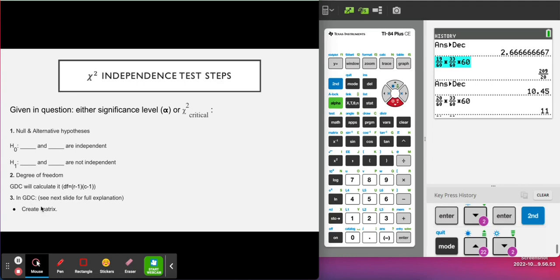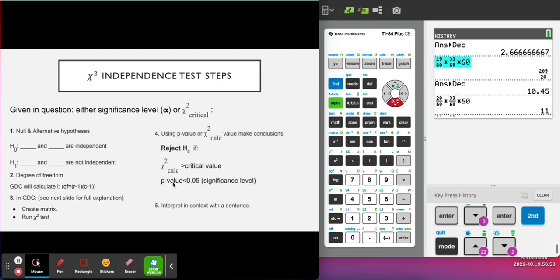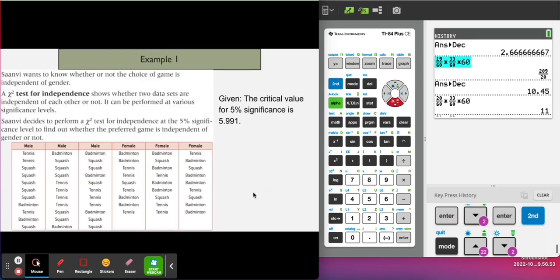As we go, you're going to see we have to create matrices to put the information in, and then we run a chi-squared test. This step that we put in the GDC is going to give us a p-value and a chi-squared calculated value. Based on what is given in the question, we will be comparing these values to what's given. Okay, let's get going with this and understand how to use our calculator. This is in our first question.